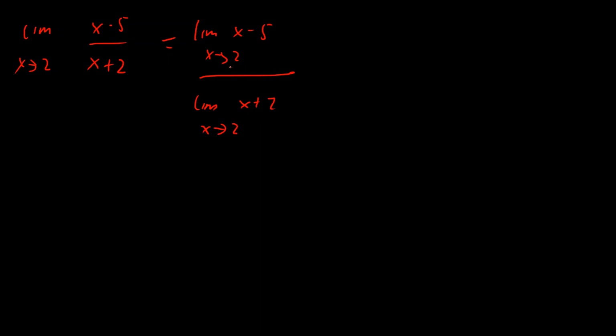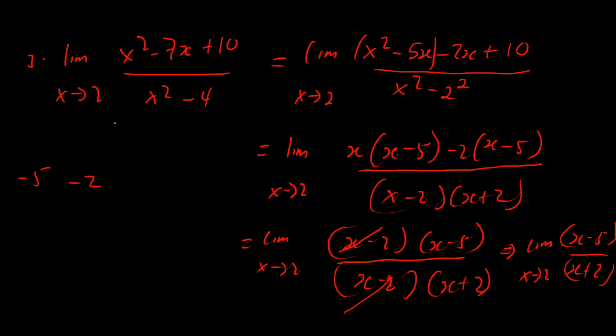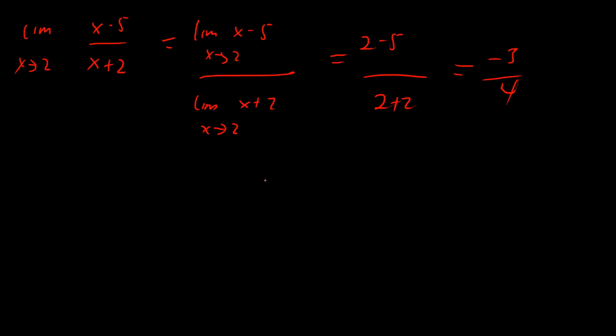And so when we plug in 2 into this function, we are going to have 2 minus 5, and when we plug in 2 into this function, we are going to have 2 plus 2. And so we have 2 minus 5, that is negative 3, over 2 plus 2, which is 4. And so the limit of the function x squared minus 7x plus 10 all over x squared minus 4 as x approaches 2 is equal to negative 3 on 4.